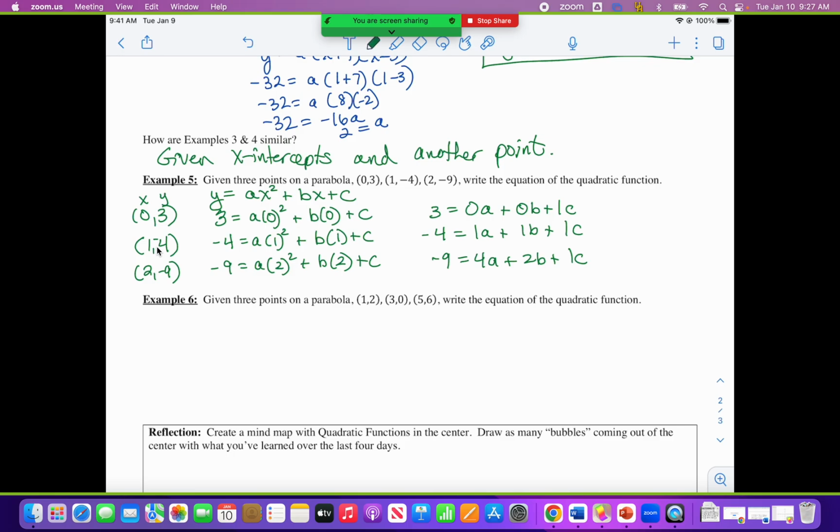Let me change colors too. All right, so here we go. I'm going to make this 0, 0, 1, 1, 1, 1, 4, 2, 1 times the A, B, C equals the answers 3, negative 4, negative 9.